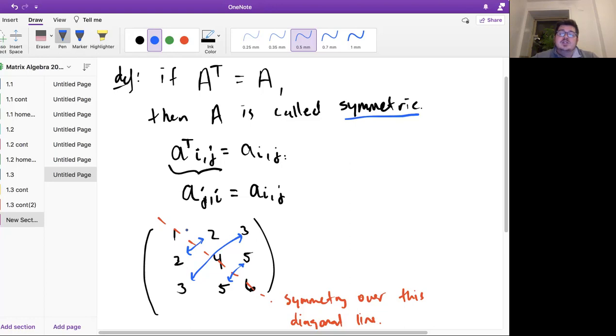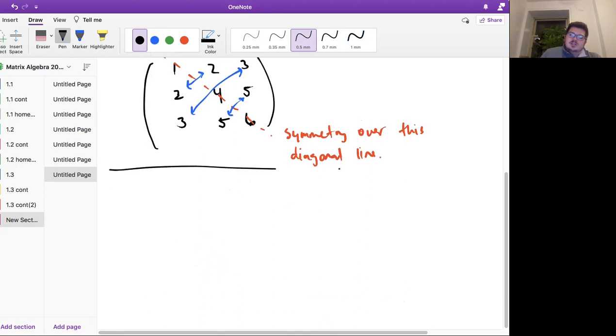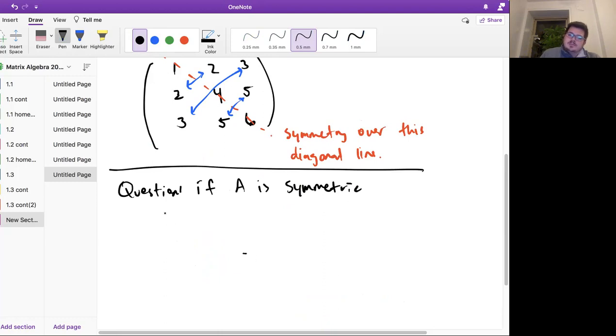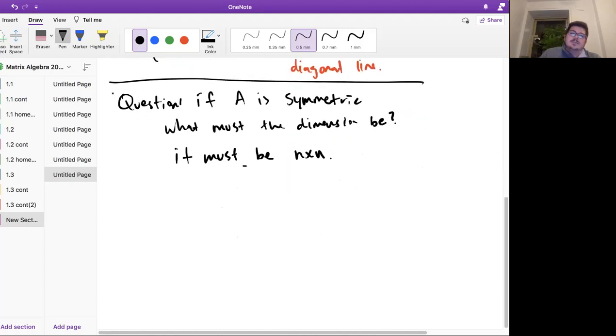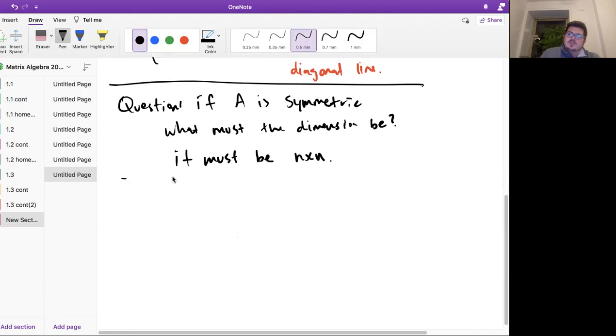Oh, by the way, if A transpose is equal to A, here's a little question. If A is symmetric, what's the dimension of A? Good. It must be square. So let's remind ourselves why. Let's say A is m by n.